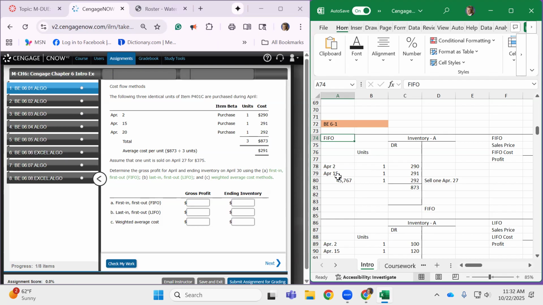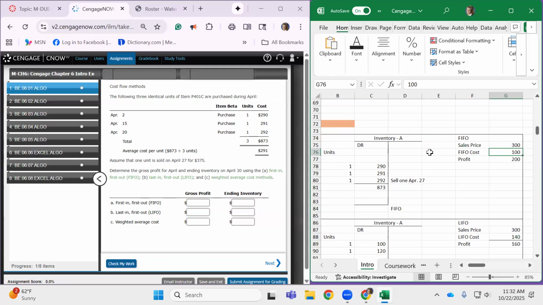So these are our 3 purchases in this inventory. If we use first in, first out as our cost flow assumption, then the sales price is $375 and the first in, first out cost is $290.